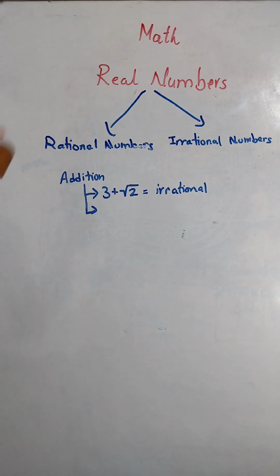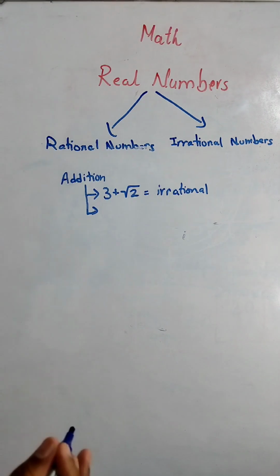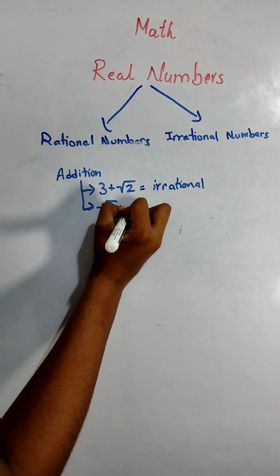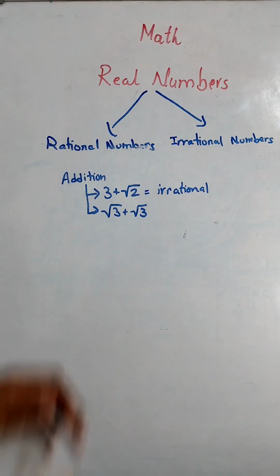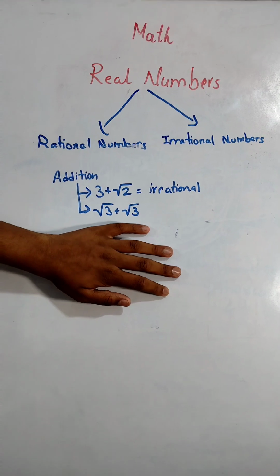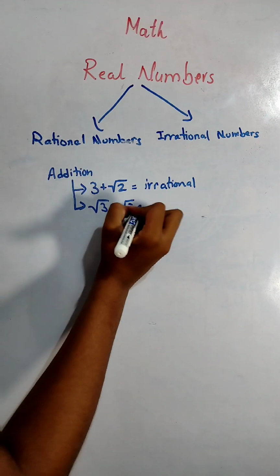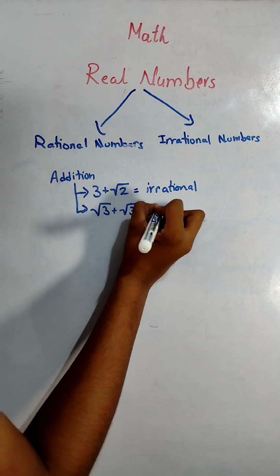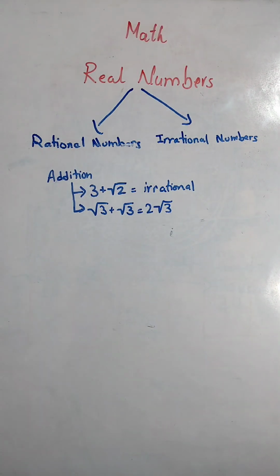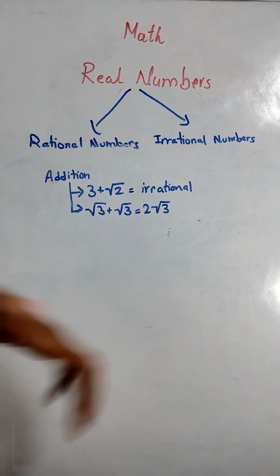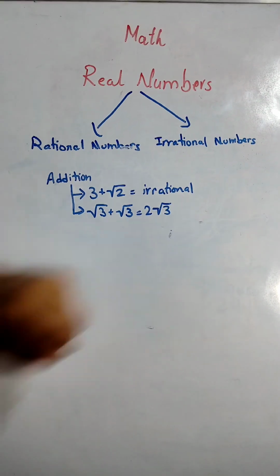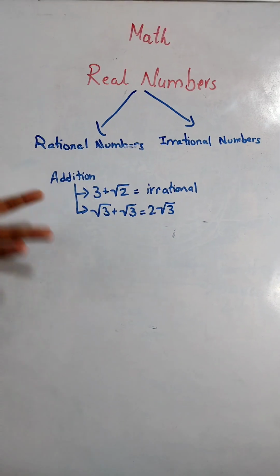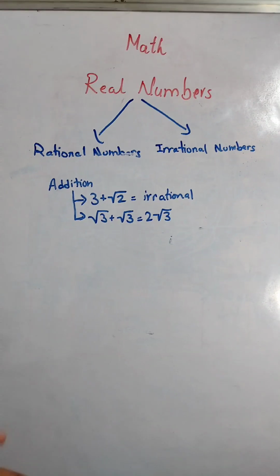We can show that addition of two irrational numbers can be irrational by adding root 3 plus root 3, which I will prove later on. It's 2 root 3, which means these two numbers add up to an irrational number. But how can addition bring a rational number, you might ask?